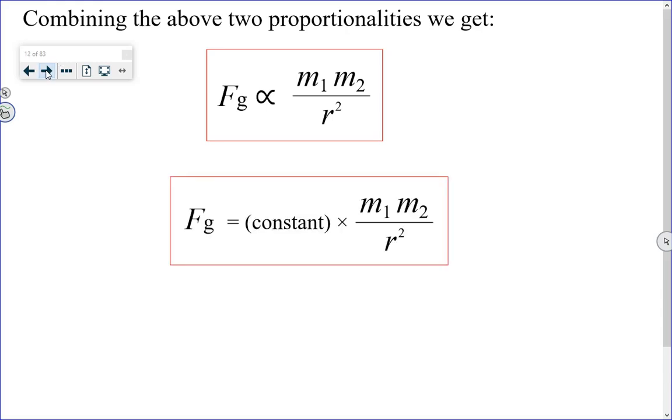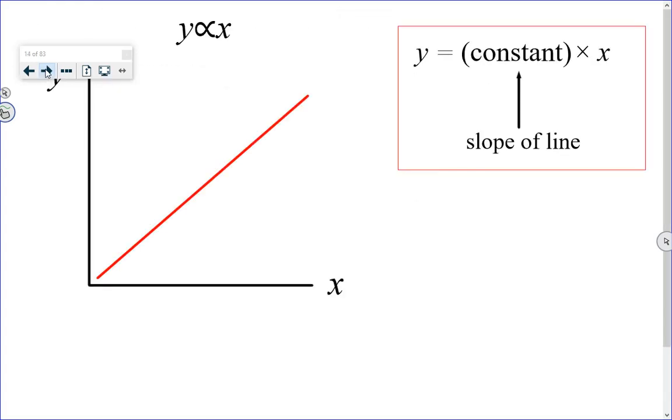Well, that must mean that Fg is equal to some constant times that m1, m2 over r squared. The reason for that is because when you have a proportionality, y is proportional to x, that means y is equal to some number times x.